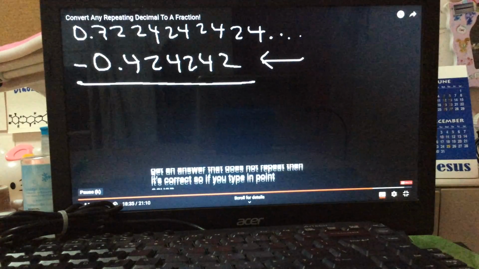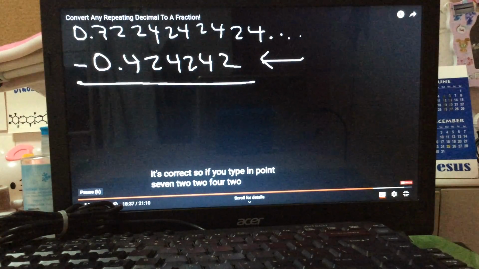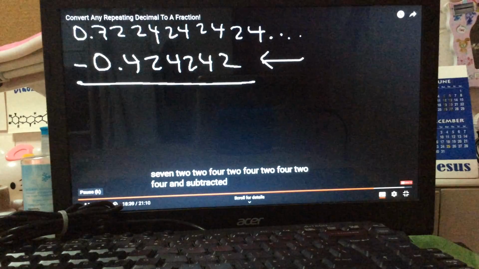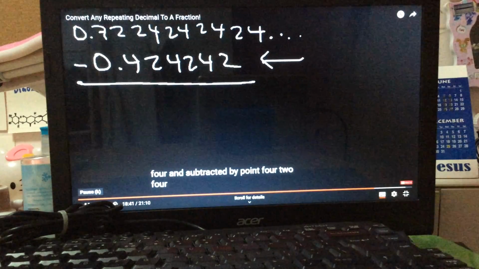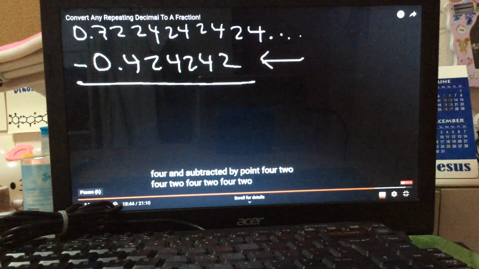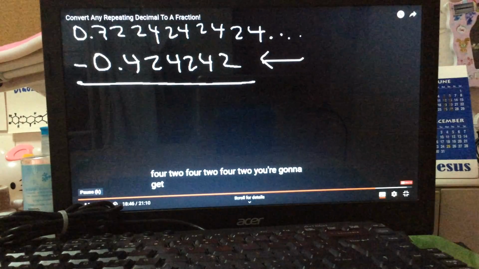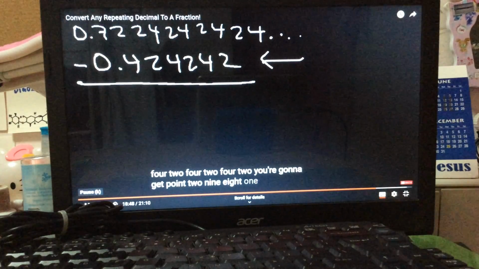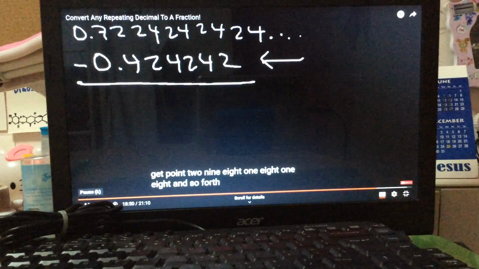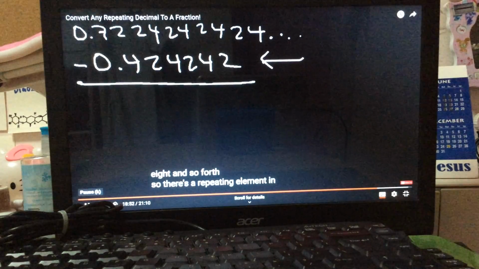So if you type in 0.7224242424 and subtract it by 0.424242424242, you're going to get 0.2981818 and so forth. So there's a repeating element in that answer.